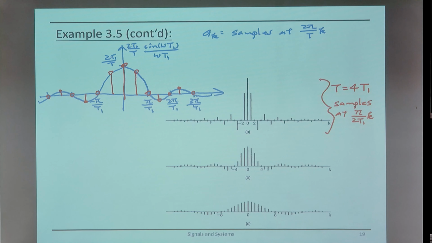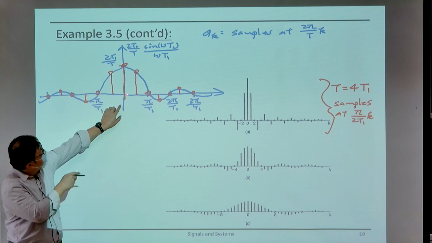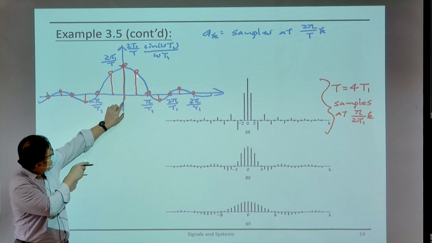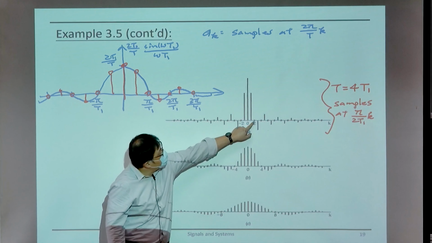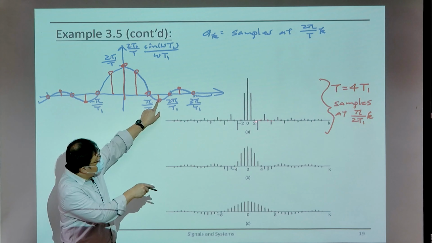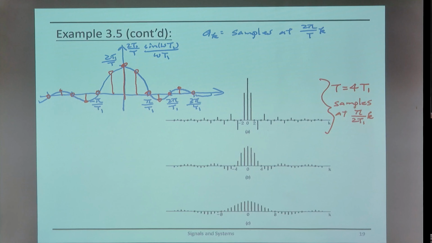You can check: this is this sample here, this is 0, this is the negative sample, and so on.